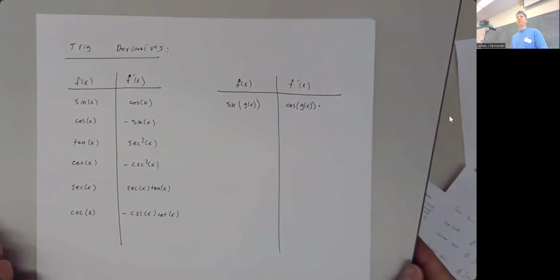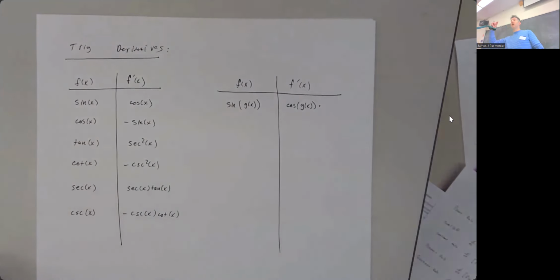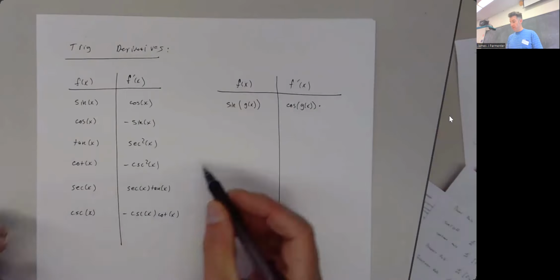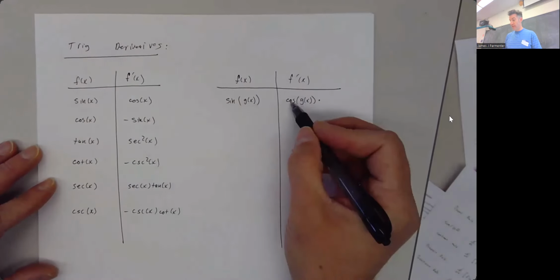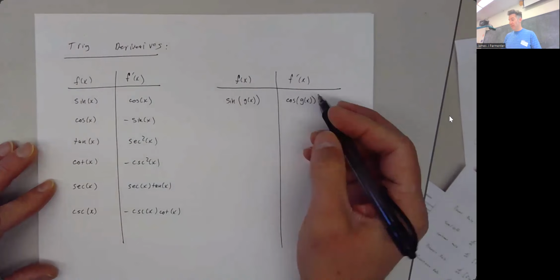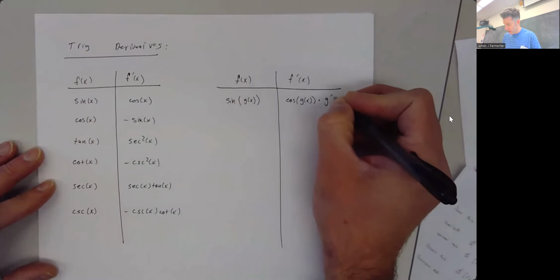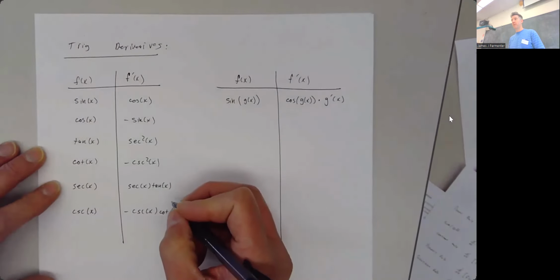What do we have to multiply by? Not g of x, but g prime of x, the derivative of g of x. Every time you're doing the chain rule, if I'm taking the derivative of sine of something, it's cosine of the same something, g of x, and then outside of that, you multiply by the derivative of g of x.